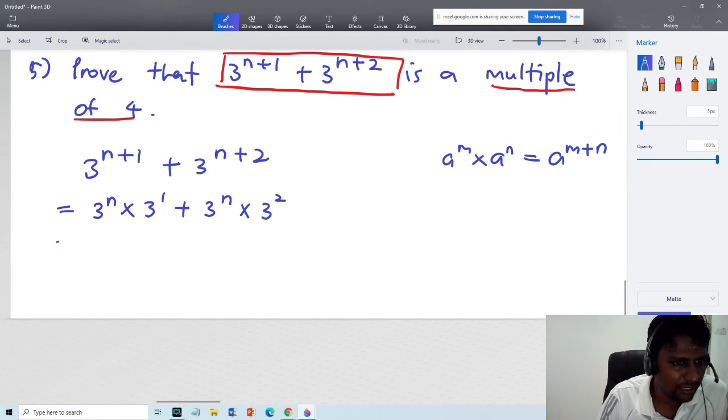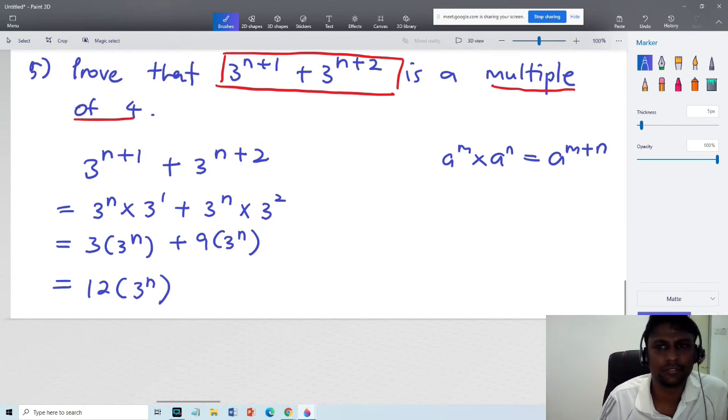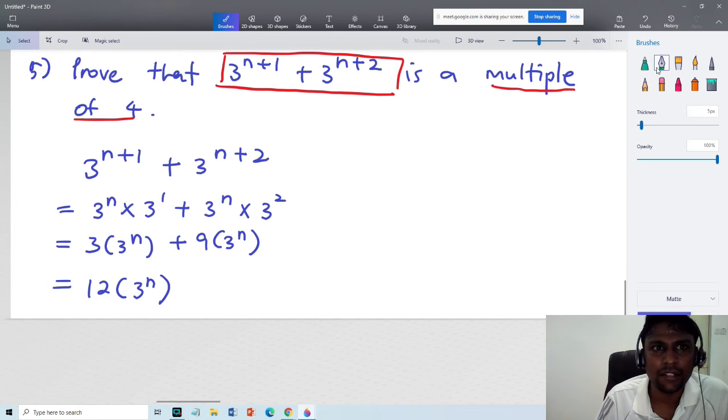What do you get here? You'll get 3 times 3^n plus 9 times 3^n. So 3 plus 9 is actually 12 times 3^n. Now, have we already answered the question? Not yet. We need to say that it is a multiple of 4. So 12 times 3^n is a multiple of 4.